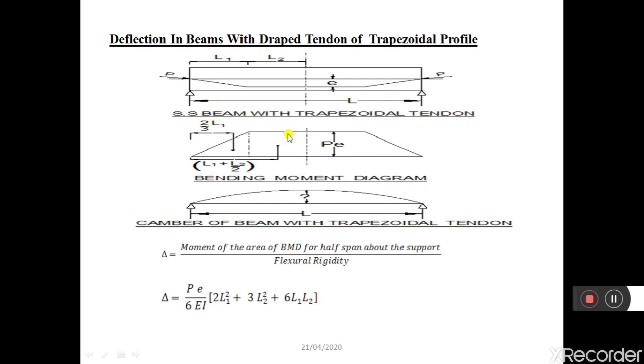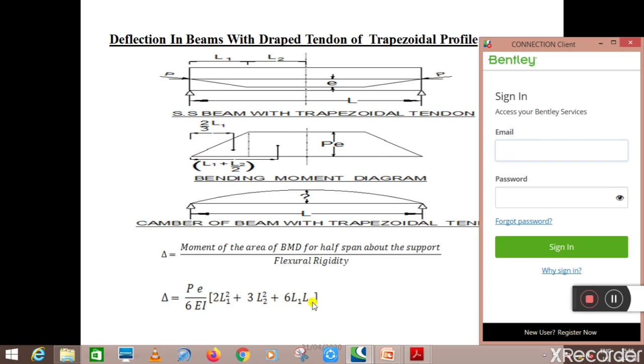Taking the moment of this rectangular area and of this triangular area about this support, we will get this equation: delta is equal to PE by EI into 2L1 square plus 3L2 square plus 6L1 L2.